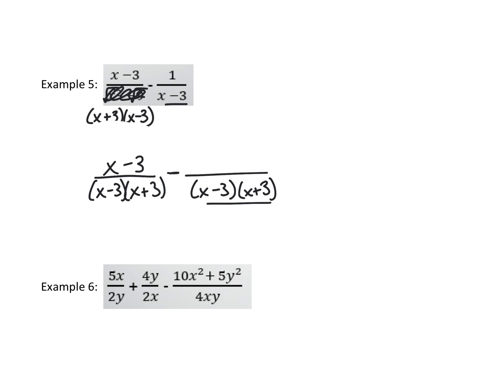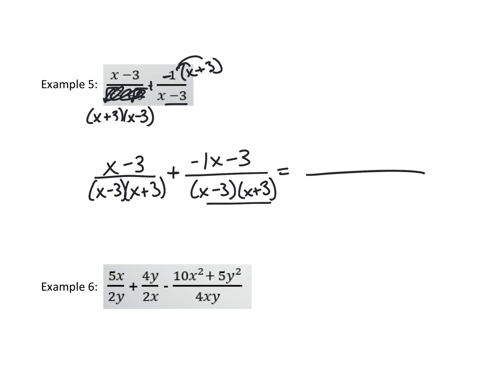Yep, I'm missing the x plus 3. So I multiply the top by x plus 3. Don't forget your negative. So we make it a plus and make this a negative 1. Distribute. And what's it become? Negative 1x minus 3. Perfect.